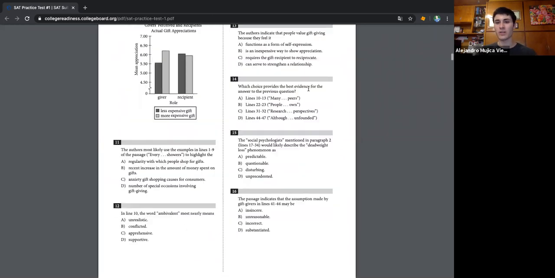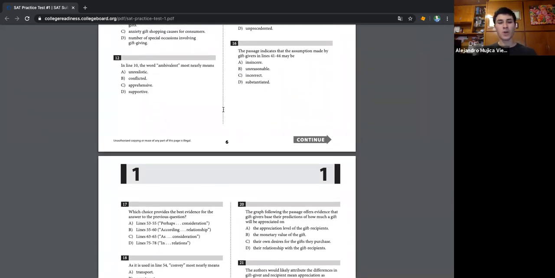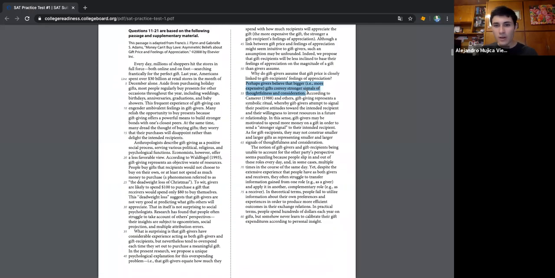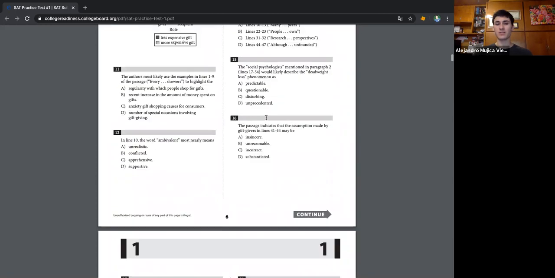So it's not really giving us evidence for our answer. According to relationship, according to blah, blah, blah, gift giving represents a symbolic ritual where people signal their willingness to invest resources in a future relationship. So this is not really contradicting the assumption, which we know is the right answer. This is supporting it. So it's not the right evidence for our answer.